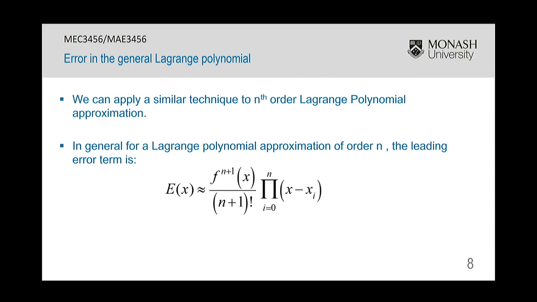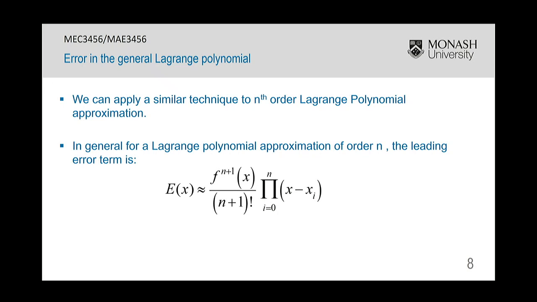Now, just as an aside, we can apply a similar technique to the nth order Lagrange polynomial approximation. The mathematics rapidly becomes extremely difficult, and that's one of the reasons I have no intention of trying to show it to you in this class. It doesn't really give you very much illumination as to what's going on. The linear case really contains all of the essence of the approach.